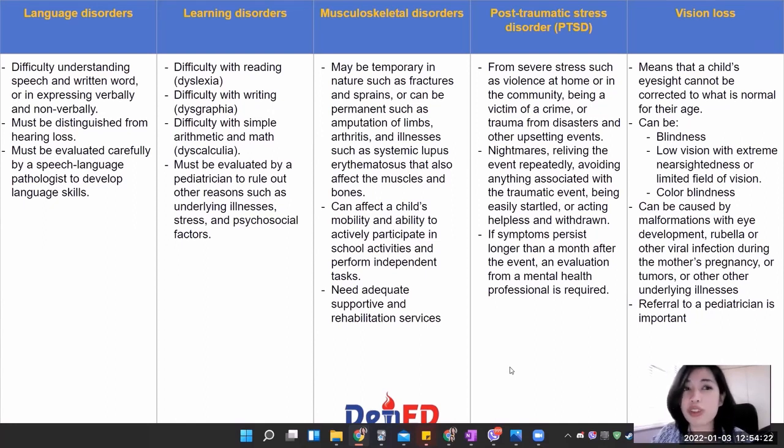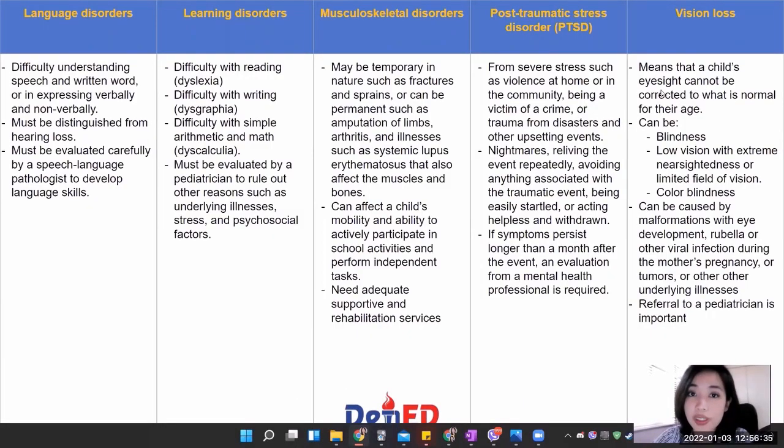For learning disorders, we have different types like difficulty reading, which is dyslexia, difficulty writing, which is dysgraphia, and difficulty with simple arithmetic and math, which is dyscalculia, and should be evaluated by a pediatrician to rule out reasons such as underlying illness, stress, and psychosocial factors.